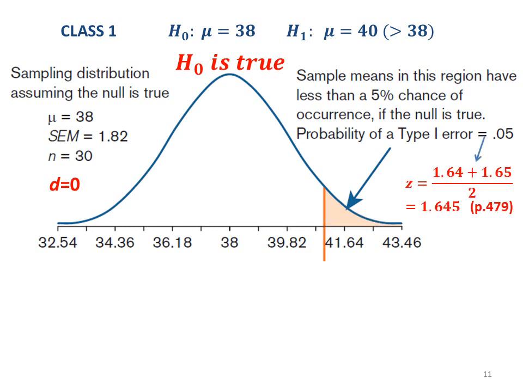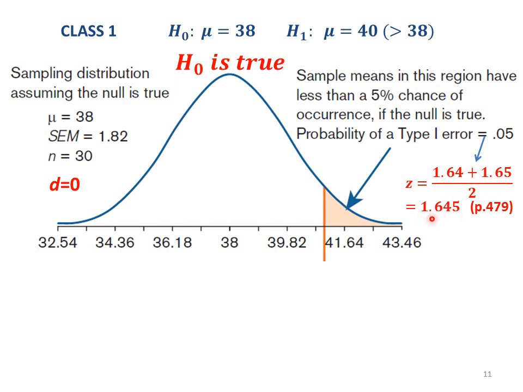In the unit normal table on page 479, you won't be able to find 0.05, but you will see 0.0505 and 0.0495. So 0.05 lays in between those two numbers, and the z-score is the average of 1.64 and 1.65.